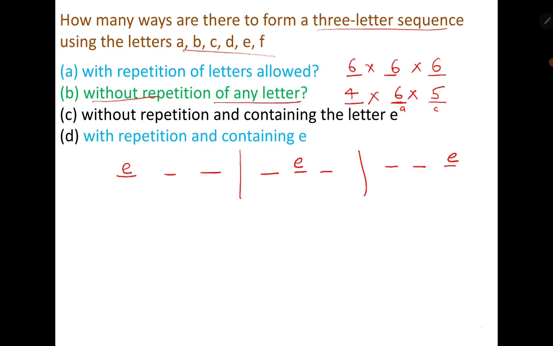Now E has already been used, so for this position 5 letters are available, and for this position 4 letters are available. So you use the multiplication principle and then the addition principle.